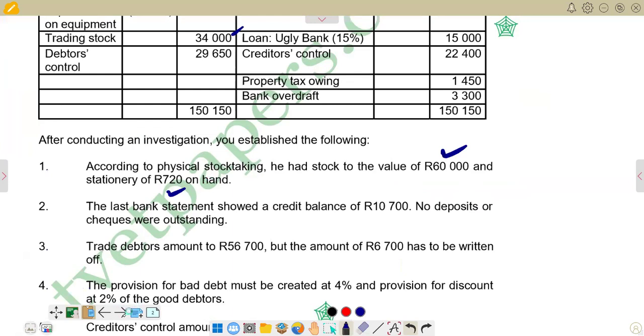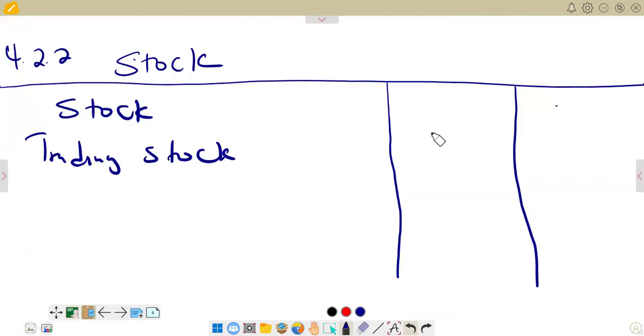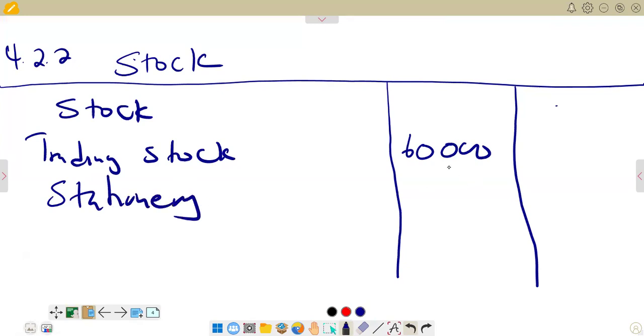So simple as that. Here we have 60,000 for trading stock, and then for stationery 720. You get the two, and the total is 60,720. So this is our note for stock.